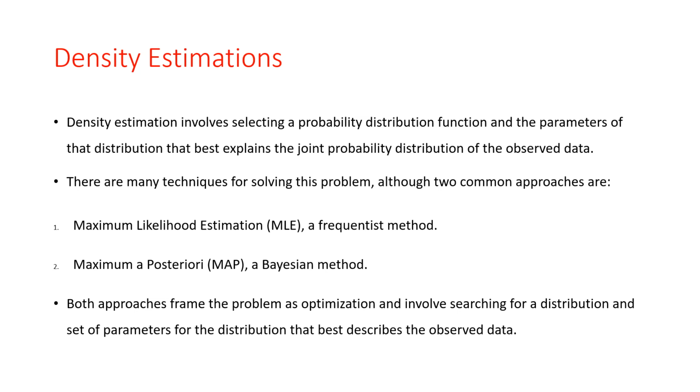Each observation is drawn independently from the domain with the same probability distribution, which is called independent and identically distributed, that is IID. Density estimation involves selecting a probability distribution function and the parameters of that distribution that best explain the joint probability distribution of the observed data. Here the observed data is X.